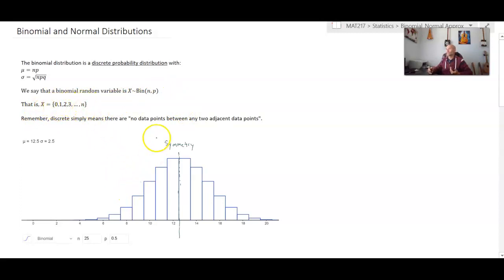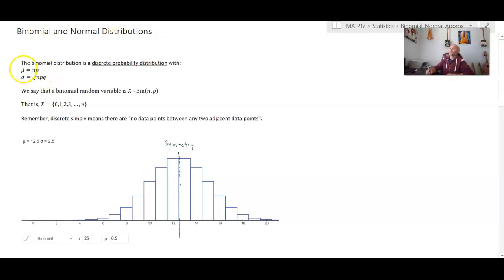So in our case of 25 people and the probability of liking an apple being 50%, we could have 0 people liking apples, 1 person liking apples, all the way up to all 25 people liking apples. Of course, not every one of those outcomes is equally likely, but those are all possibilities.